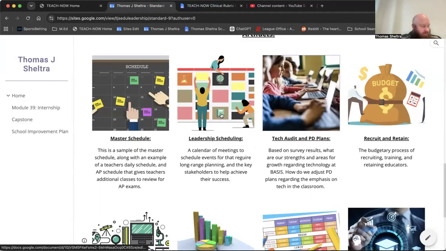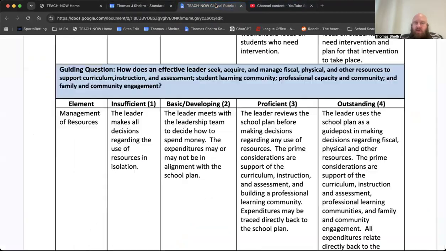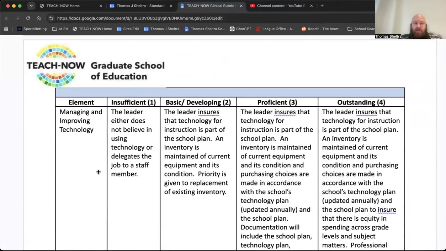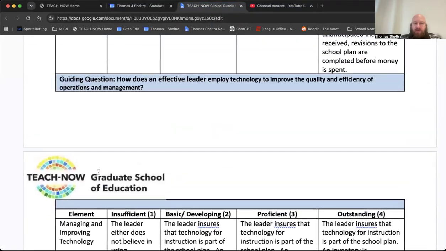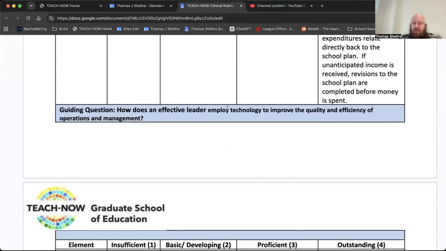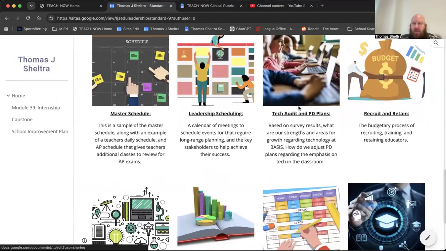The other is looking at continuous improvement, so managing and improving technology. How does an effective leader employ technology to improve the quality and efficiency of the operations and management? So again, that goes into the tech auditing right there.